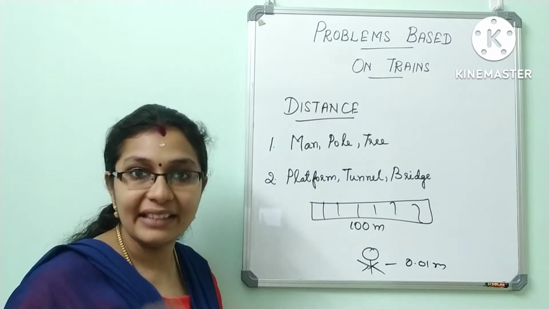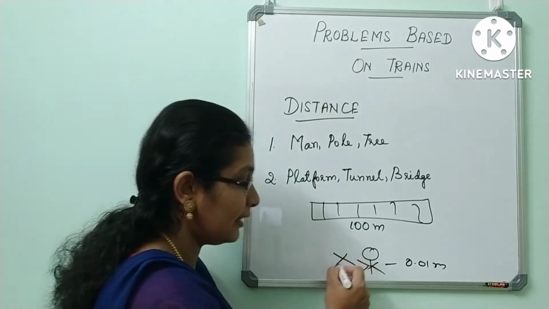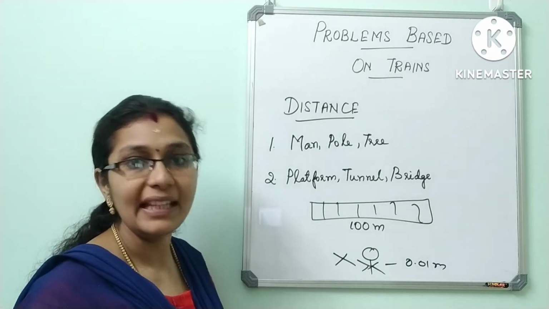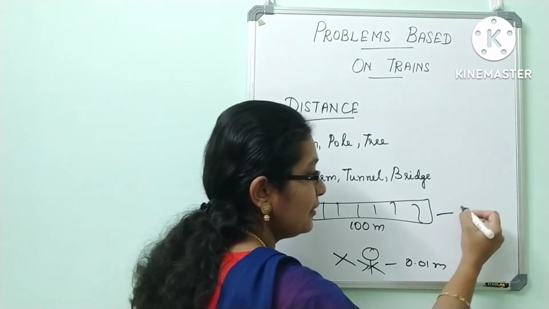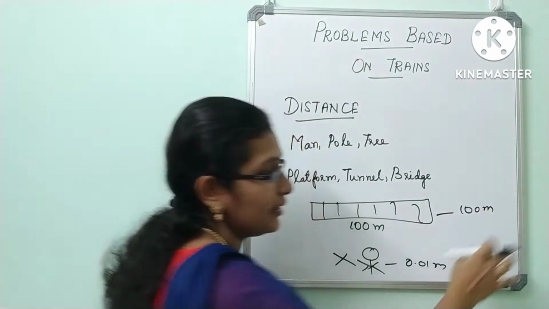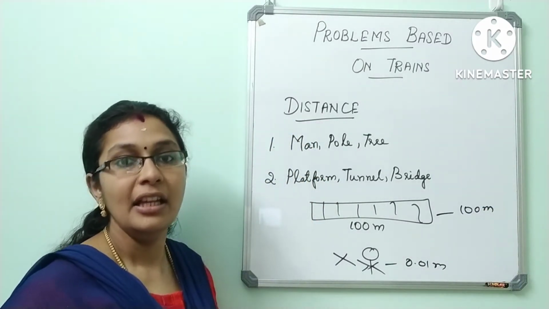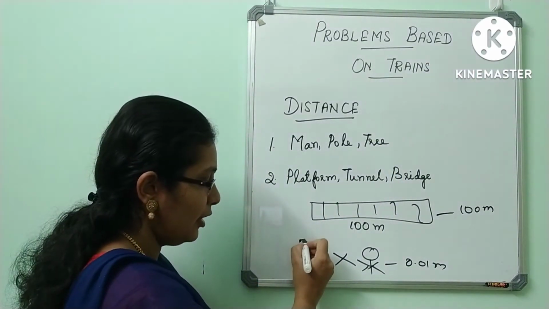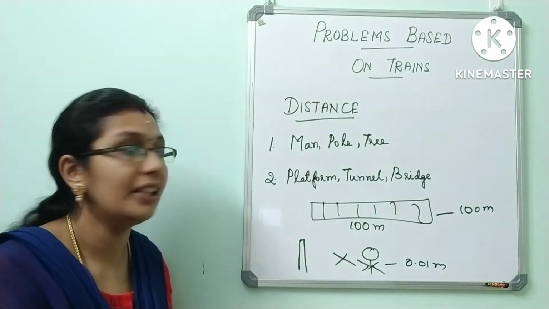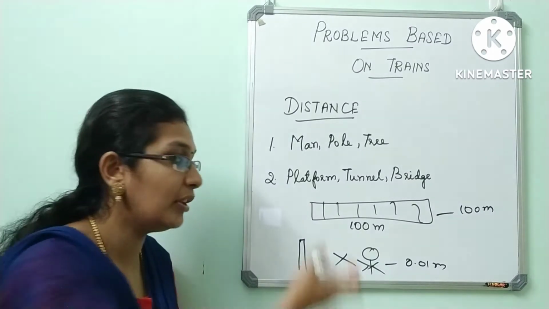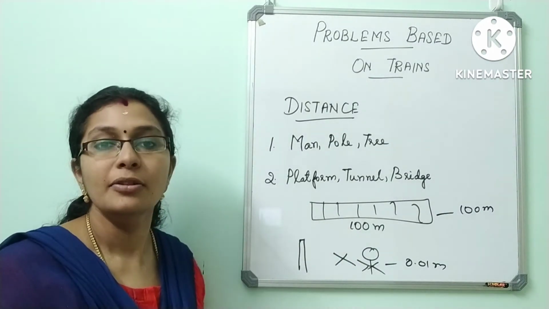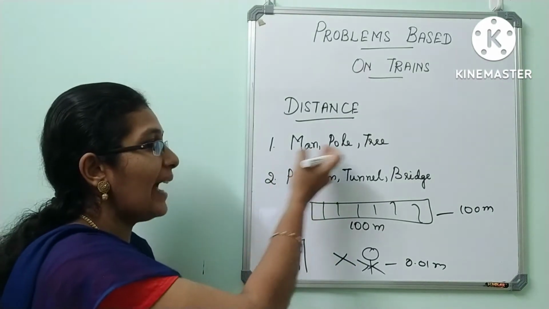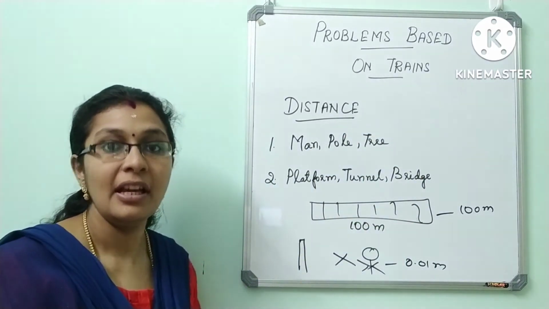So in that case, you will not consider the distance or length of the man. Instead, you will use the distance only as 100 meter, which is the length of the train. Clear? The same concept applies to pole and tree. A pole is of very small length and similarly a tree is of very small length when compared to that of the train, correct? So in those cases we will neglect the length of the man, pole or tree, whatever it is.